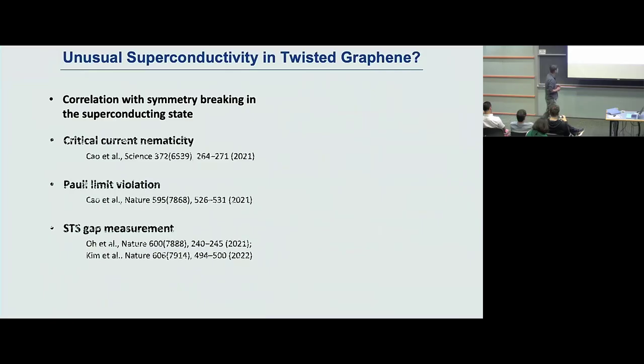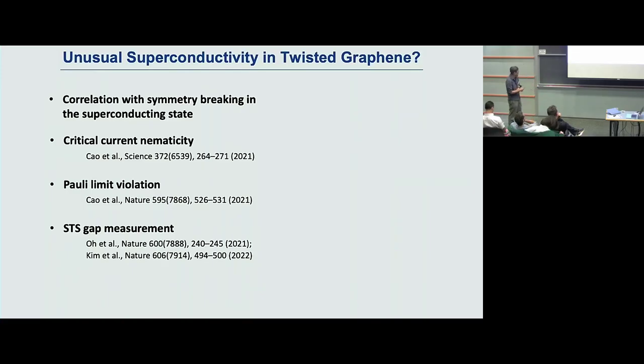Over the past few years, quite a lot of experimental evidence has been piling up indicating potentially unusual superconductivity, depending on your definition of unusual. For example, there is the report of nematicity of the critical currents probed by the in-plane magnetic field, from Pablo's group a few years ago. There are Pauli limit violations, especially with in-plane magnetic field, with violation factors of 2, 4, and we even heard about 20 or 8, quite big numbers, right?